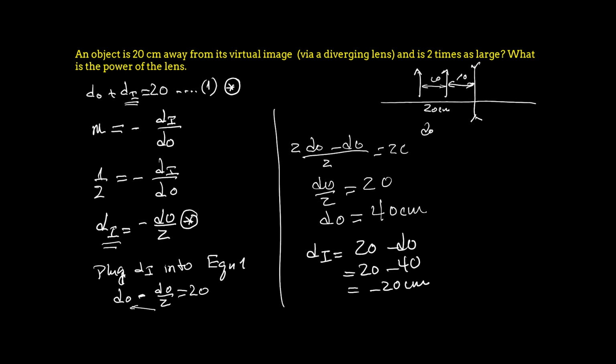It's to the right of dO, and it's negative. Or I could use the other one. dI is negative dO over 2, negative 40 over 2, which is negative 20 centimeters. Checks out perfectly. So now that I know dI and I know dO, I can easily get F.